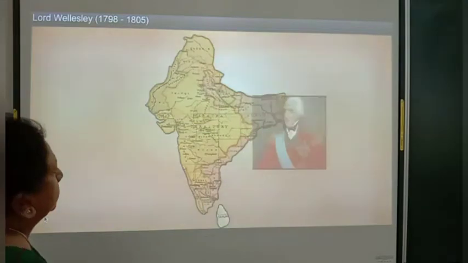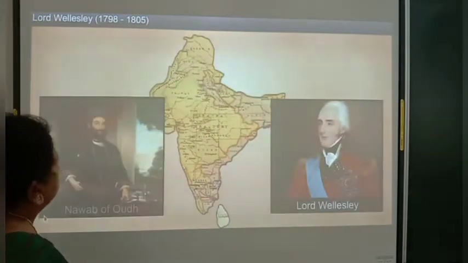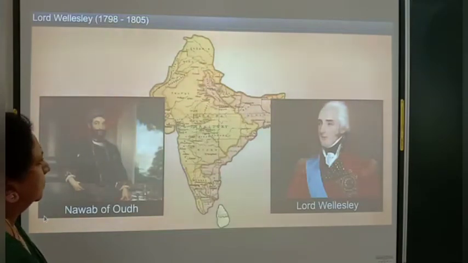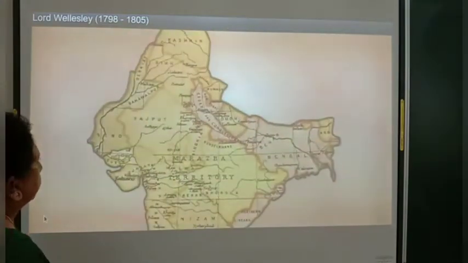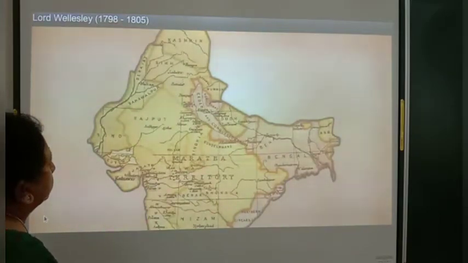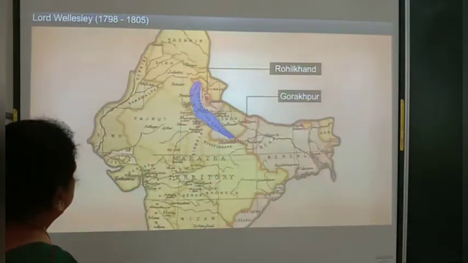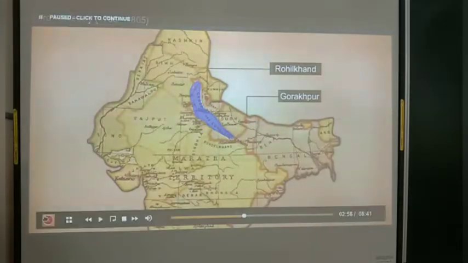Thereafter, Wellesley compelled the Nawab of Oudh to enter into the subsidiary alliance. The Nawab gave the British half of his territories, including Rohilkhand, Gorakhpur, and territories between the rivers Ganges and Yamuna.